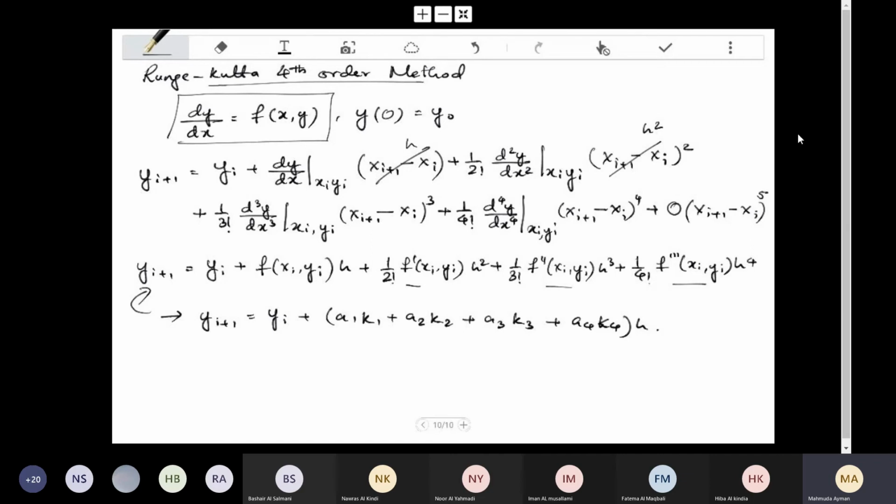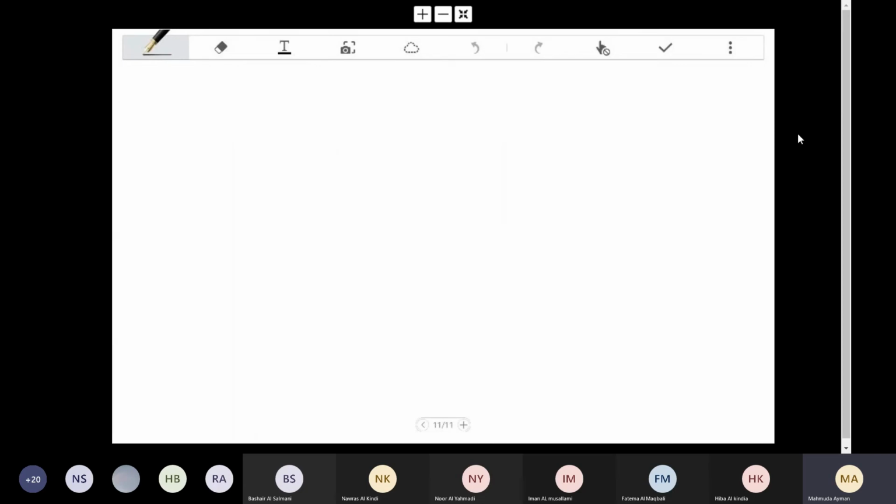You're just calculating the values of the function at certain points, not the derivatives, and that's now called the Runge-Kutta fourth order method, or you can call it the RK4 method.